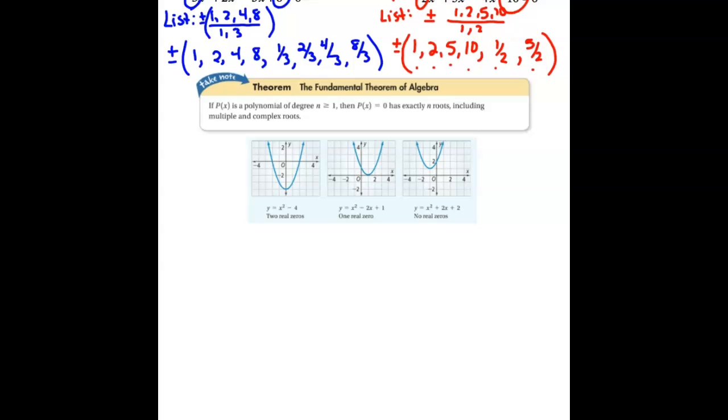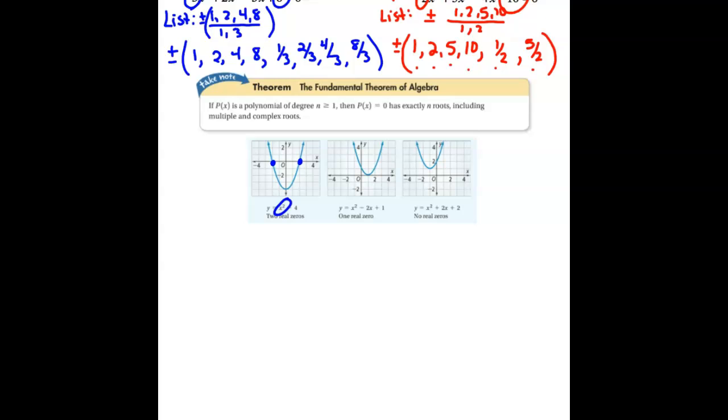The fundamental theorem of algebra says that if p of x is a polynomial of degree n greater than or equal to 1, then p of x equals 0 has exactly n roots if you include all multiples and complex or imaginary roots. We've been talking about that. The degree tells me how many zeros I should be finding. So in this first example, we have an x squared, and you can see that there's 2 places where it hits the x-axis.